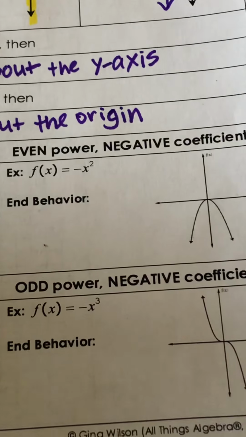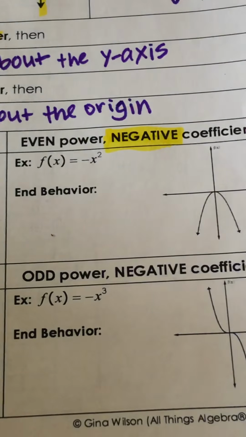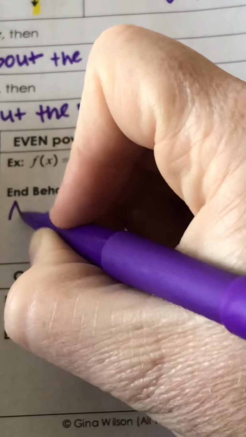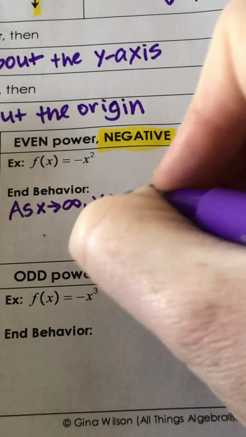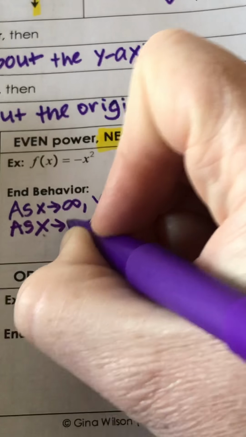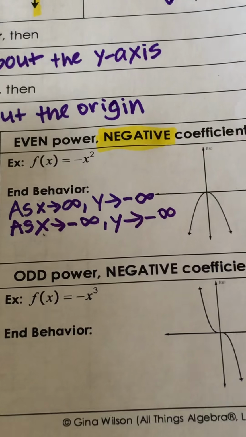If you have a negative coefficient, well, it's just gonna flip the way your graph opens. Okay, so your end behavior there would be as x approaches infinity, y approaches negative infinity, and as x approaches negative infinity, y approaches negative infinity, okay?